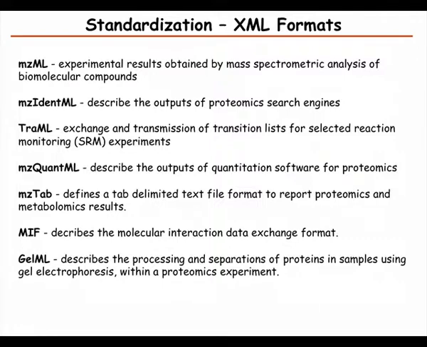So these were the general ideas of what information, but then in parallel there were a few standardized formats that were developed.